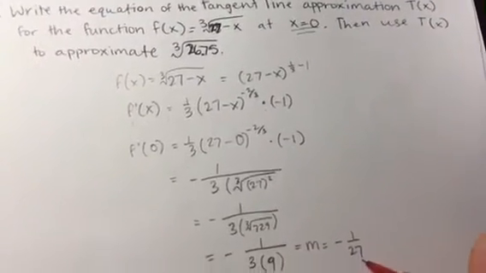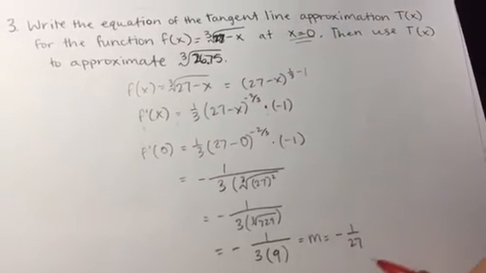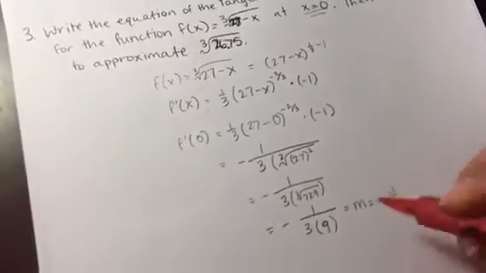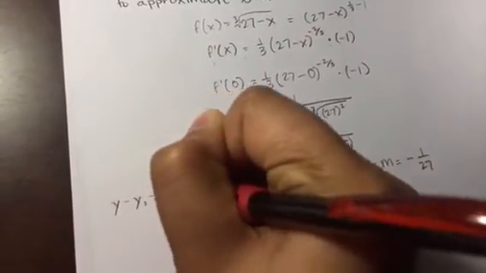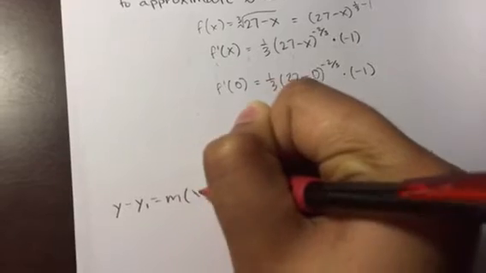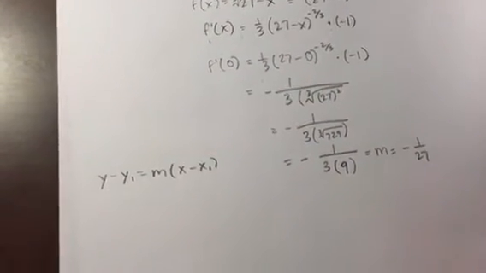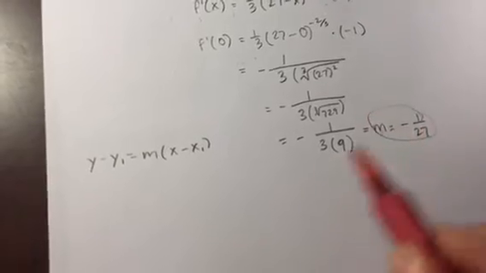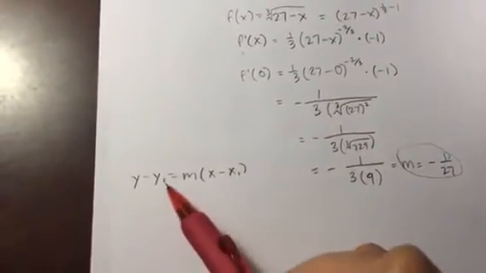Now that you have m, to get the tangent line equation you need to fill out y minus y1 equals m times x minus x1. Currently we have m and x, but now we need to find the y value.